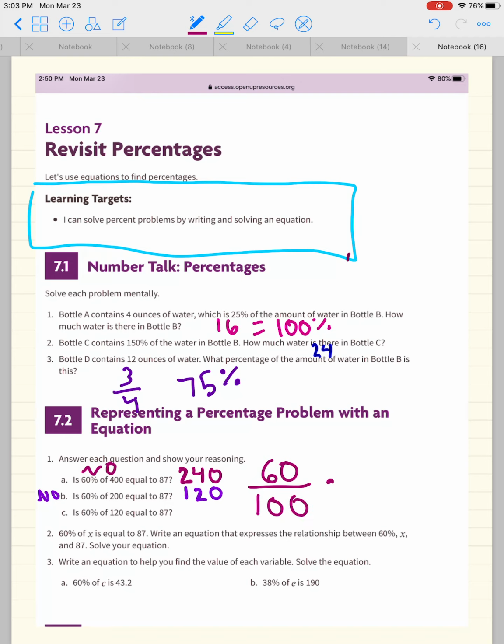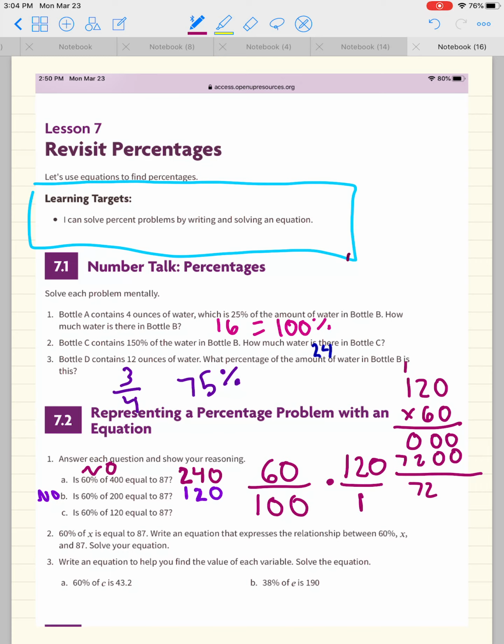60 over 100 times 120 over 1. 6 times 0 is 0, 6 times 2 is 12, 6 times 1 is 6, plus 1 is 7.